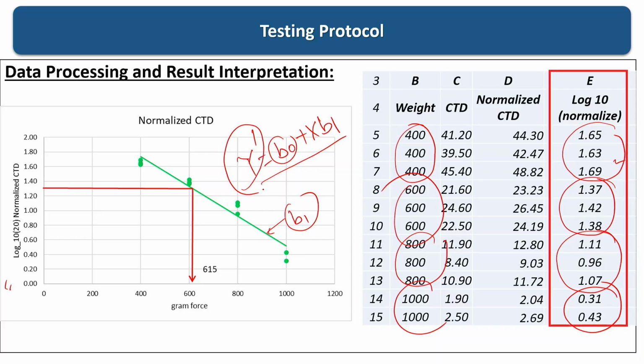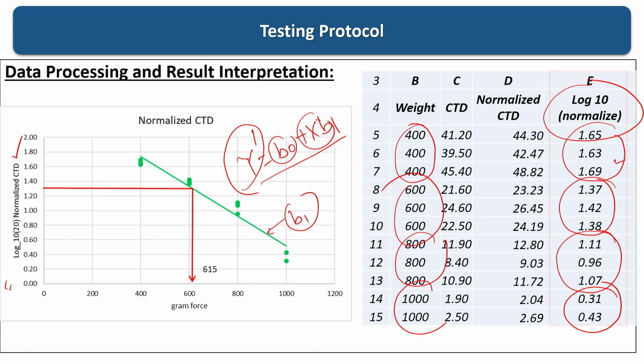Y dash is on the y axis, which is the log of normalized cut through distance. From here we can calculate the x value for a particular normalized cut through distance. If you see here, this is the point, typically 1.31, which is nothing but log of 20 millimeter.